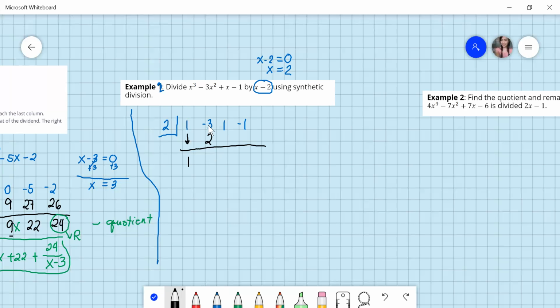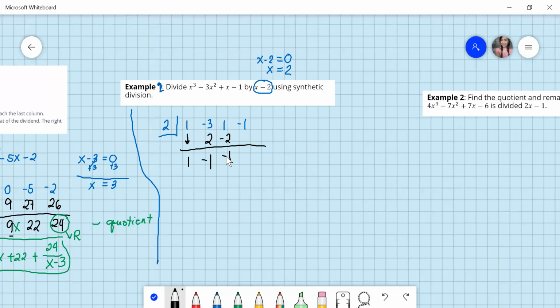Then get the sum of the second column, -3 plus 6, which is 3. Review your operations of integers. After getting the sum, multiply it with your c. So 3 times 2 is 6. And then add the third column: 1 plus 6 is 7.